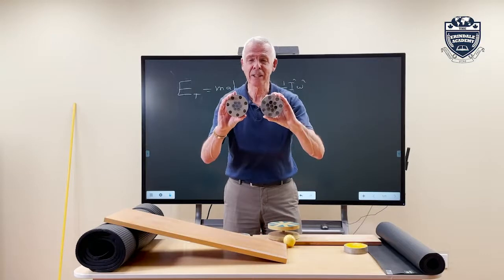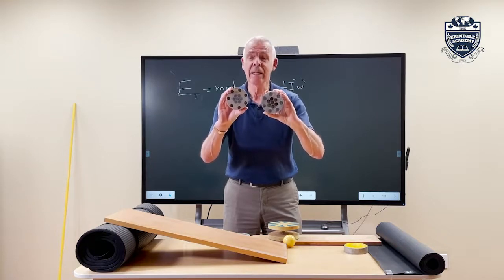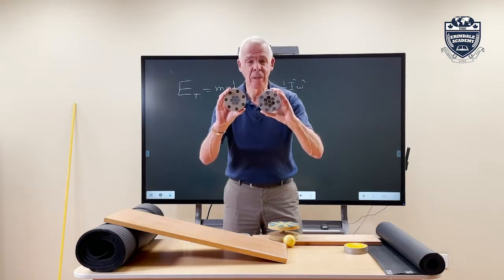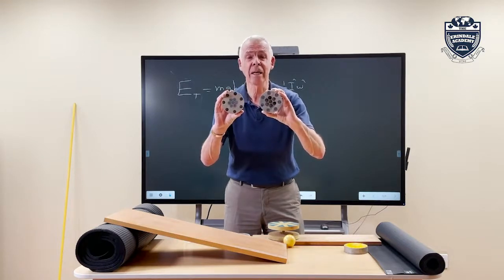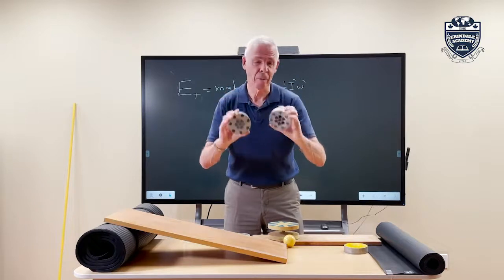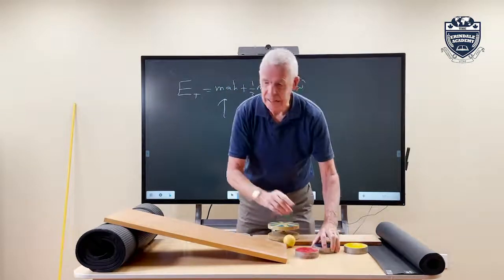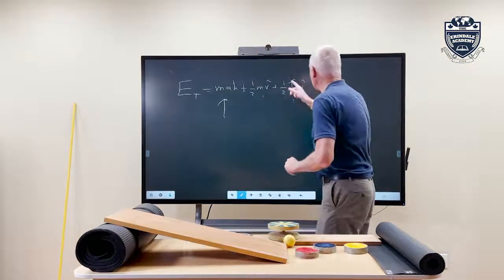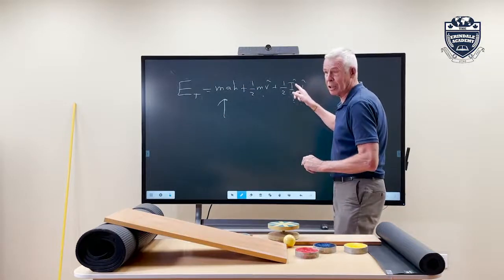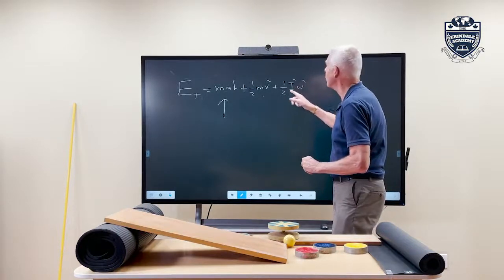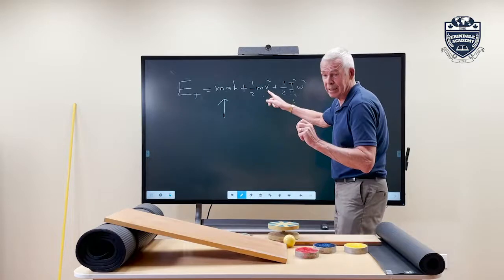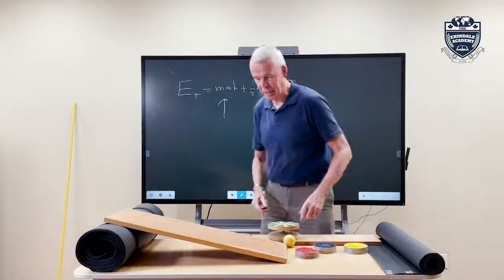I hope you can see this, but the red one, those dark spots, that's lead. So these wheels are aluminum. And so for the red one, the weight was concentrated in the middle. And for the blue one, the weight was concentrated on the outside. So when the weight is on the outside, it makes the moment of inertia, or the I, very large. So it has less energy to go into velocity. And for the other one, it's the opposite.